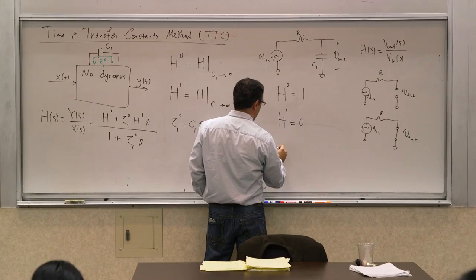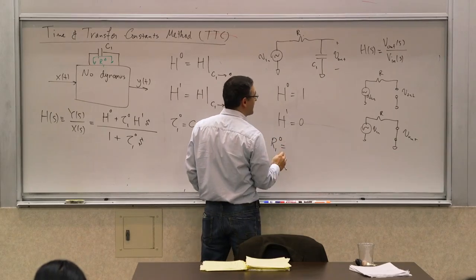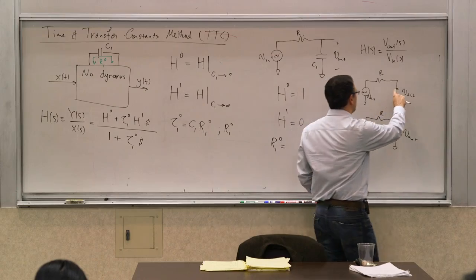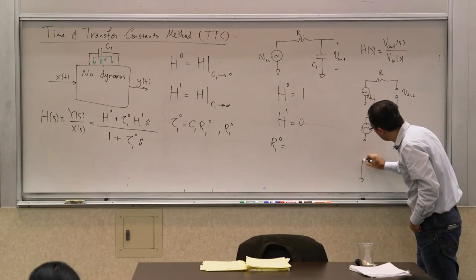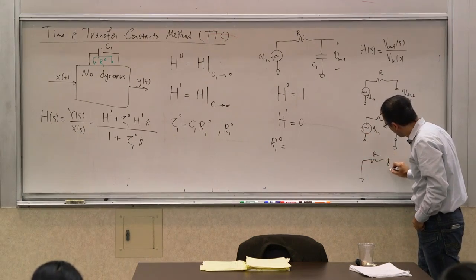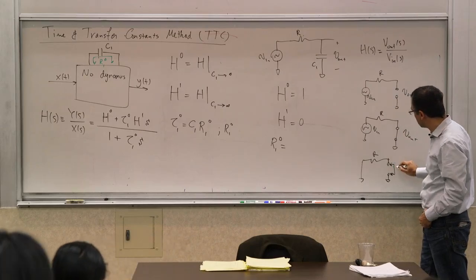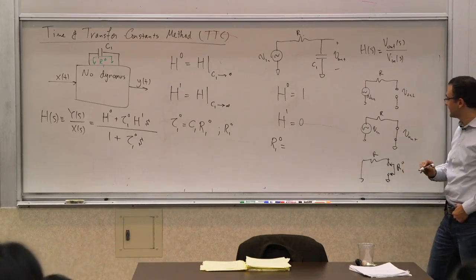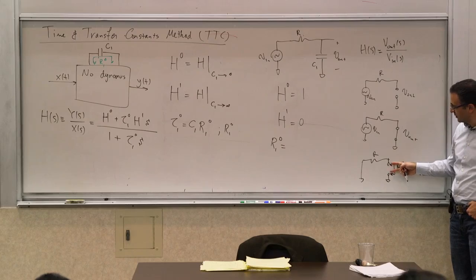Okay, so there's one more thing we need to determine, tau. For that we need to determine R10, meaning the resistance seen by the capacitor when all the independent sources are nulled. If I null the independent source, this is a voltage source, so it becomes a short circuit. So I'm interested in seeing what is the resistance seen across these two terminals. That's R10.